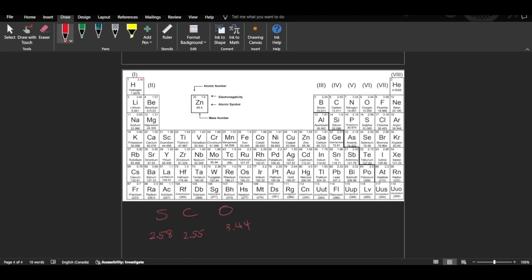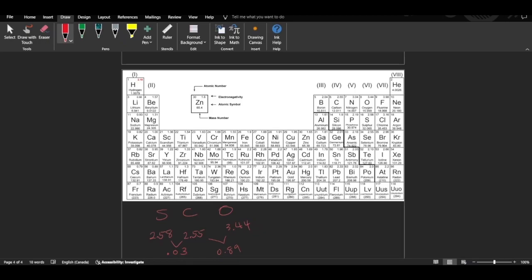If you were to get the electronegativity differences of all of them, let's just quickly do that. The electronegativity difference between the carbon and the oxygen gives you 0.89. But the electronegativity difference between the sulfur over there and the carbon is just going to give you 0.03.